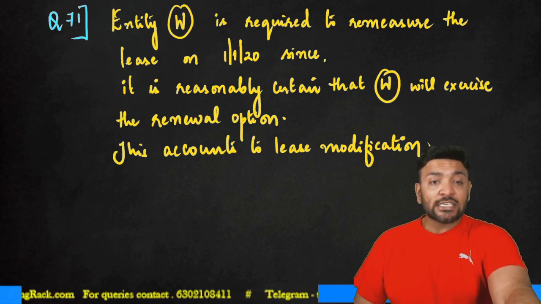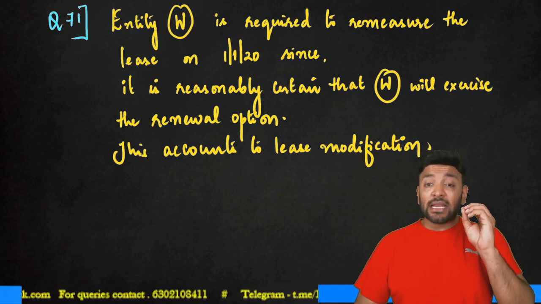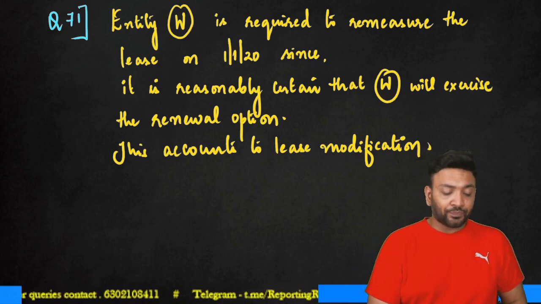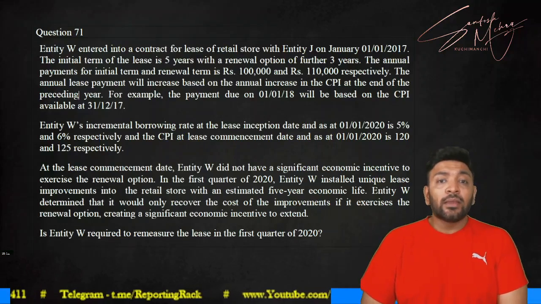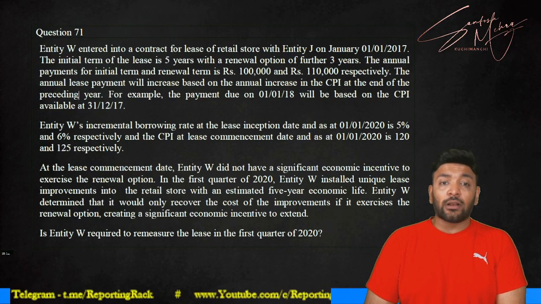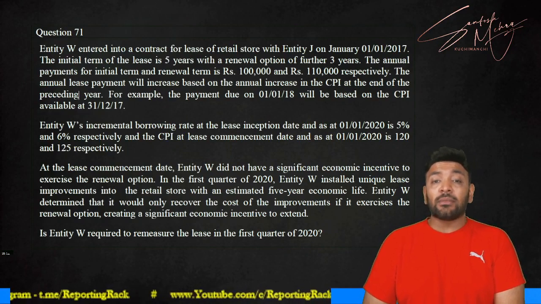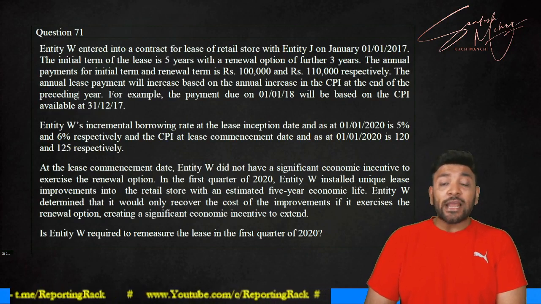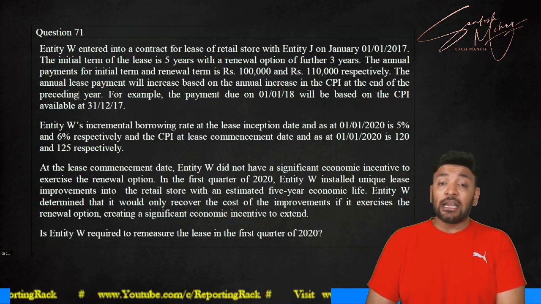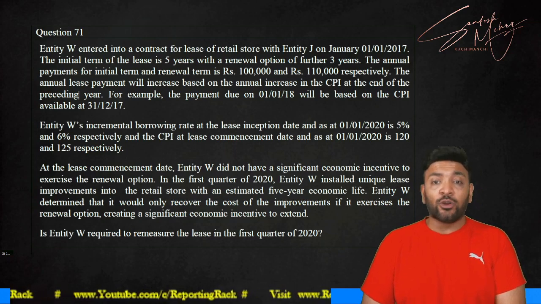Now go back to the question and determine what is the initial recognition of lease liability and the value of ROU asset. Look at it. The lease rental was 1 lakh, right? It was 1 lakh for initial term. For the renewal term, it is 1,10,000. It is based on the consumer price index of 120 and 125 on the date of commencement and on the date of renewal.